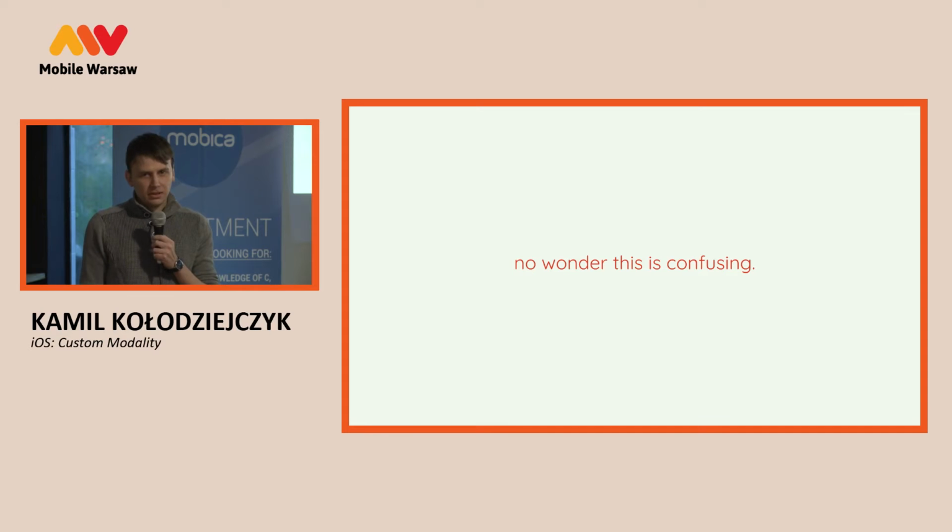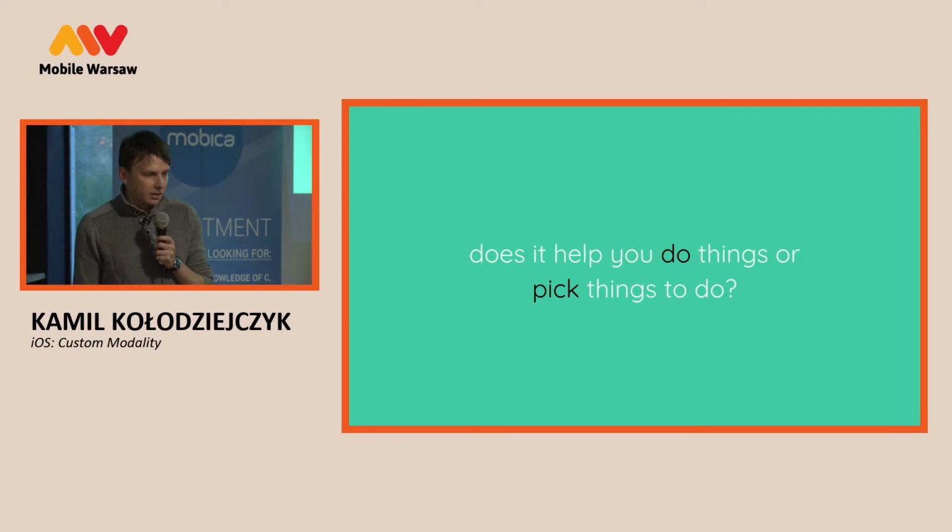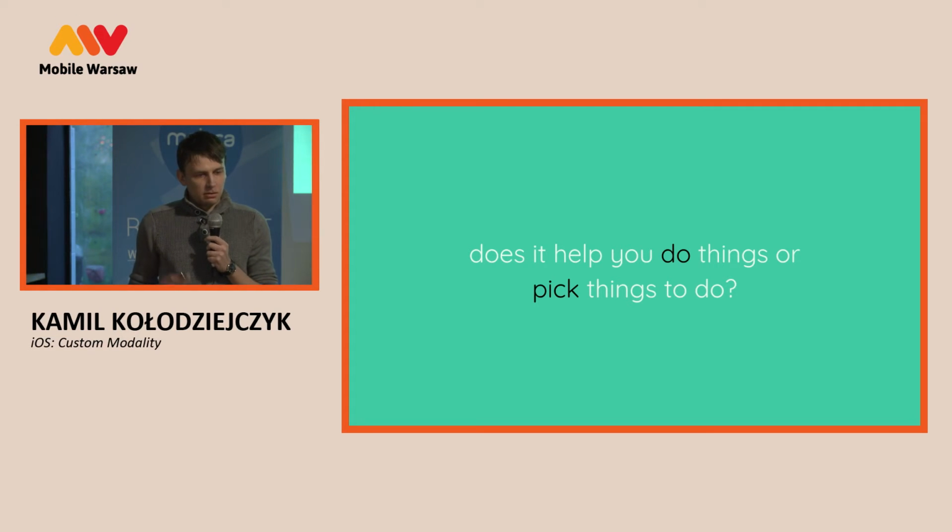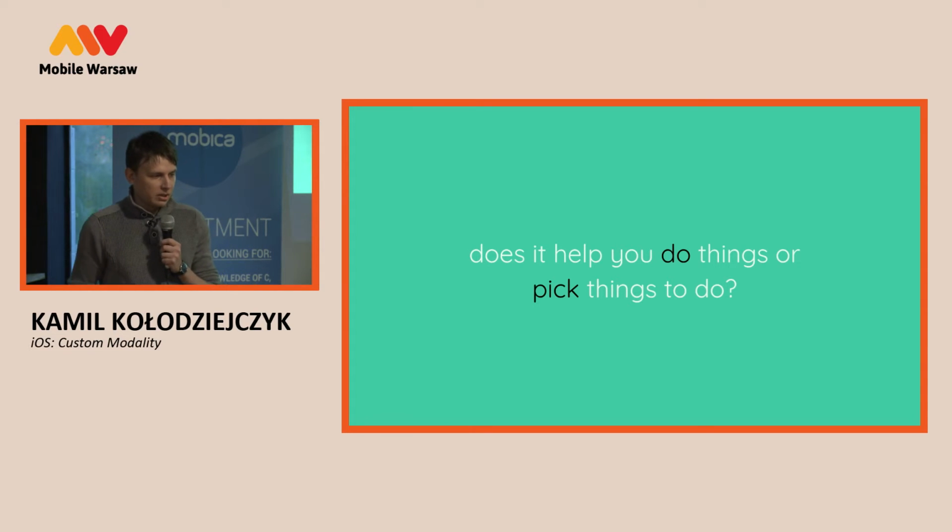So I'm often faced with that decision, and I came up with this simple rule of thumb. We have to answer the question: does it do things or list things we can do in the app? And with that distinction, I was able to group modals into what I call pickers and doers.